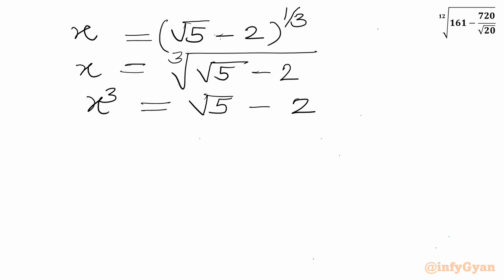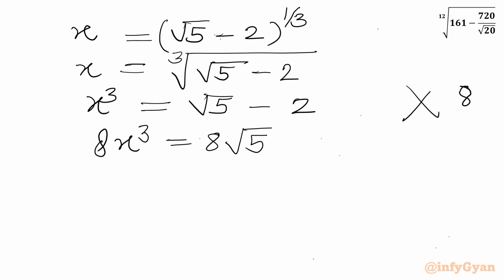Now I will find cube root using a shortcut method, Simon's favorite factoring trick. Better to say, multiply both sides by 8. So I will write 8x cube equal to 8 root 5 minus 8 times 2, 16.